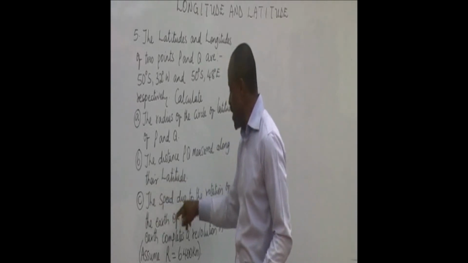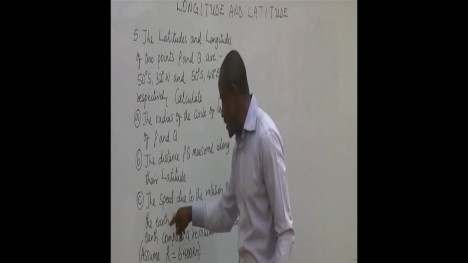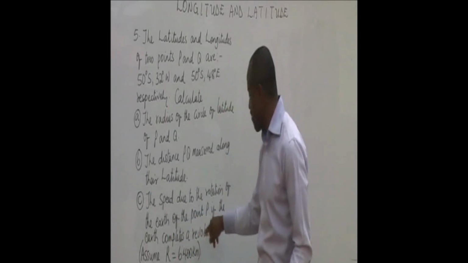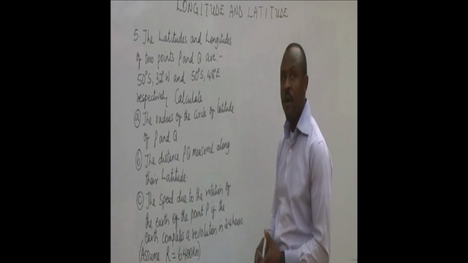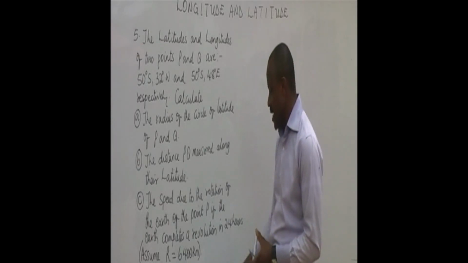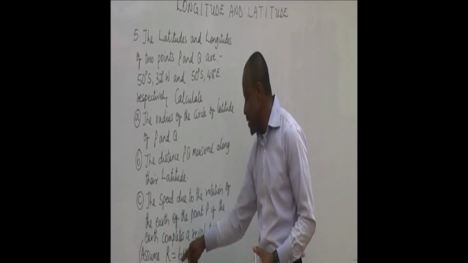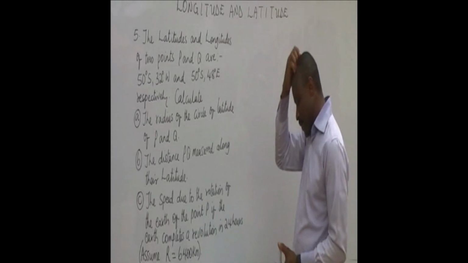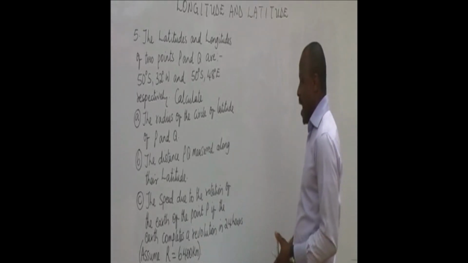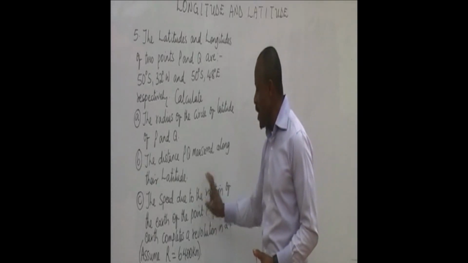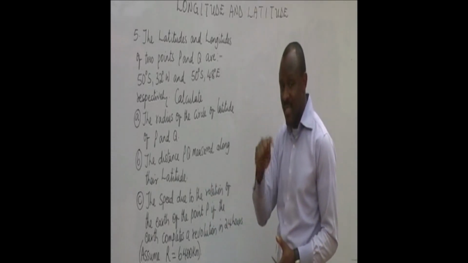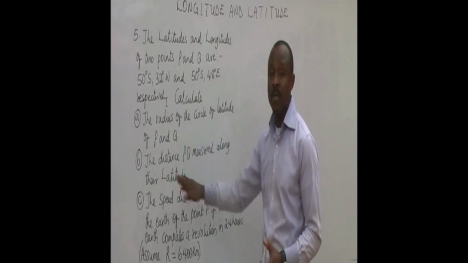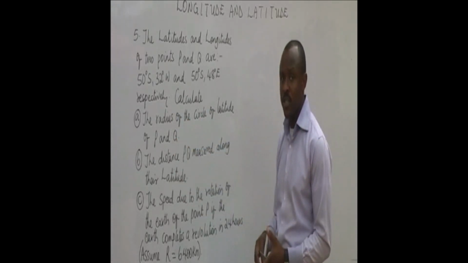C, the speed due to the rotation of the earth of the point P, if the earth completes a revolution in 24 hours. Assume that R is 6,400 kilometers. I want you to pay accurate attention to question number C because that is the essence of this question. We have known how to calculate A and B in our previous questions.